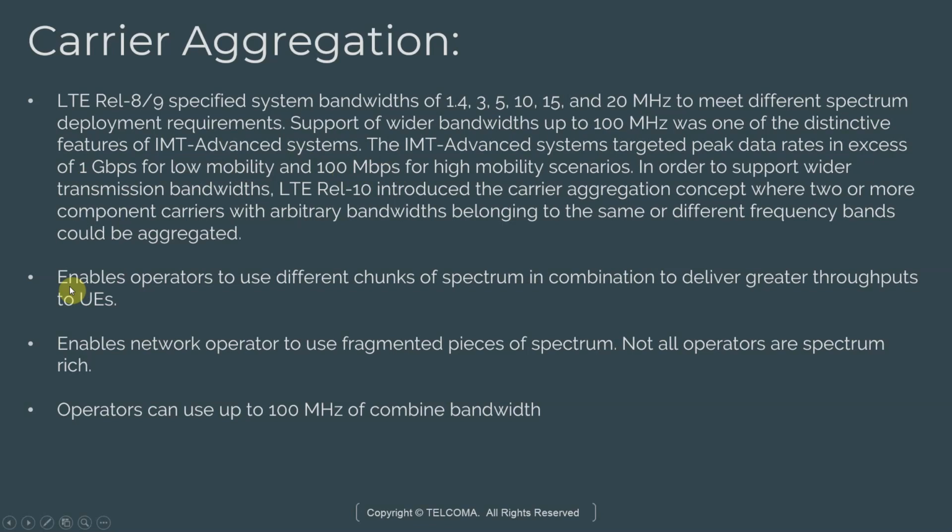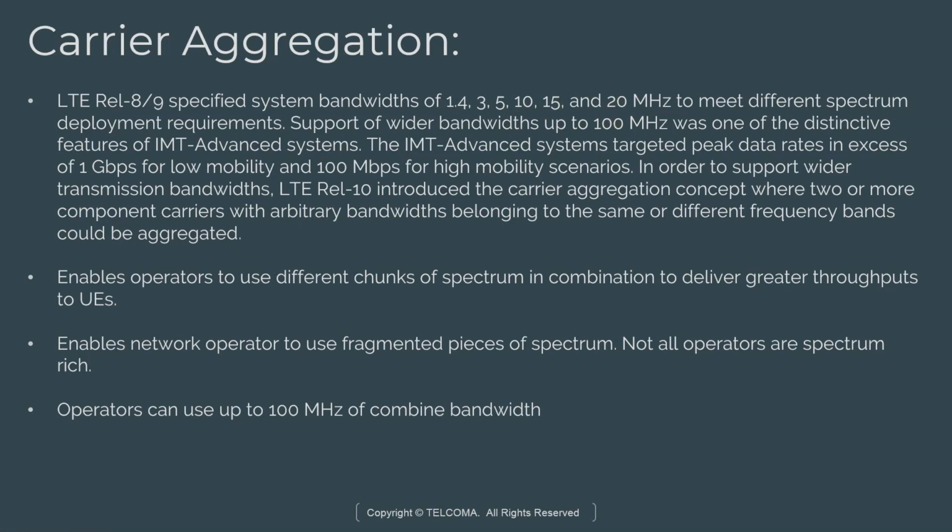The other advantage of carrier aggregation is that it enables operators to use different chunks of spectrum in combination to deliver greater throughputs to UEs. So it enables network operators to use fragmented pieces of spectrum, since not all operators are spectrum rich. We talked about how an operator can have multiple chunks of spectrum in sizes spanning from 1.4 all the way to 20 megahertz.